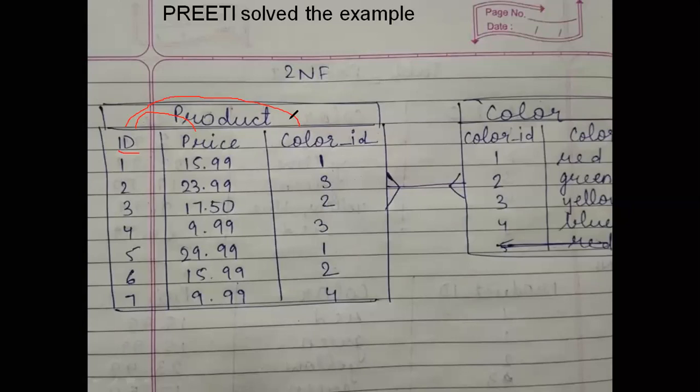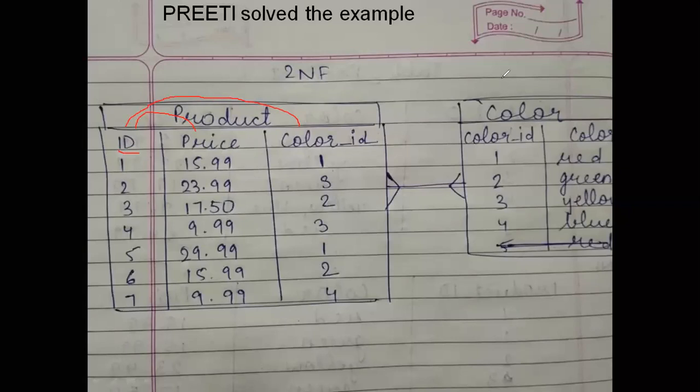We'll have to convert this into another table which has only the color IDs 1, 2, 3 and 4, and in that table we can have the product ID as the adjoining attribute. Here the product price depends on product ID, and the color ID depends on product ID.